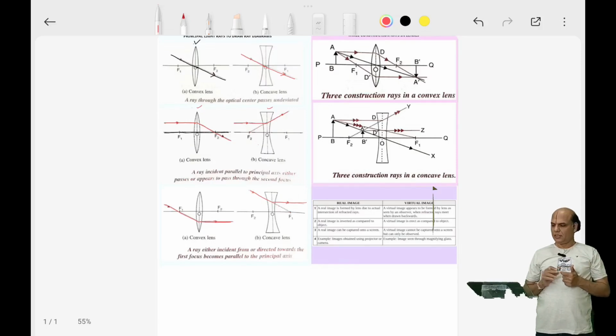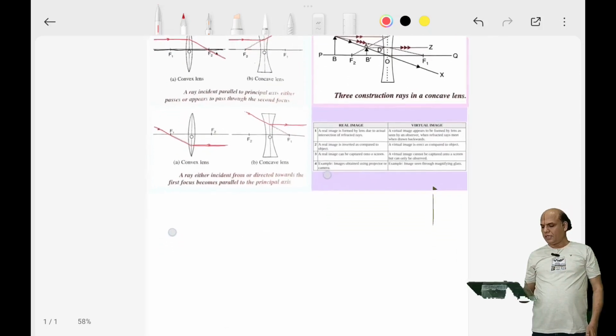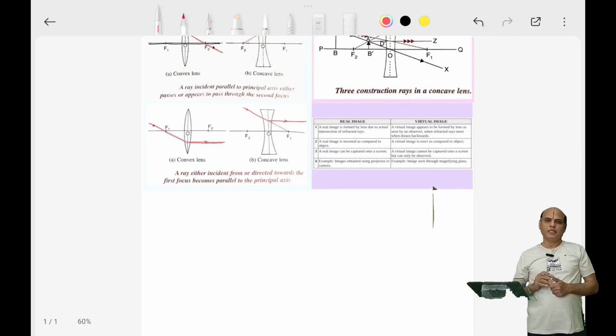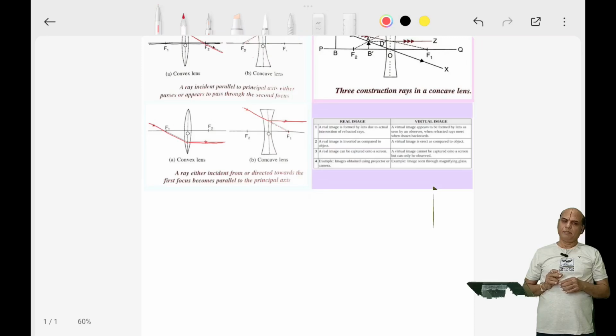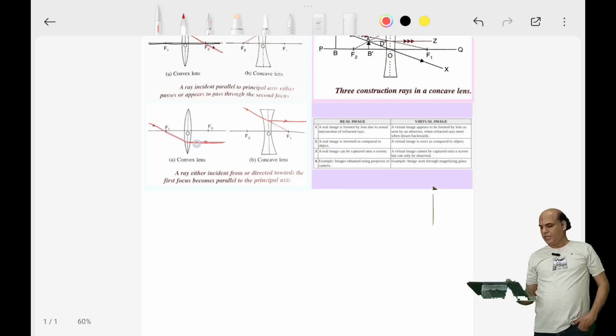The third and last kind of principal light ray is when an incident light ray passes through the focal point on the principal axis. Then after suffering refraction, it travels parallel to the principal axis in the case of a convex lens.